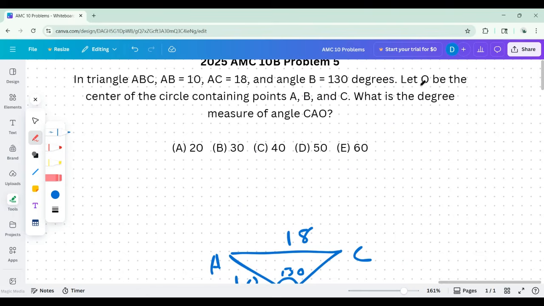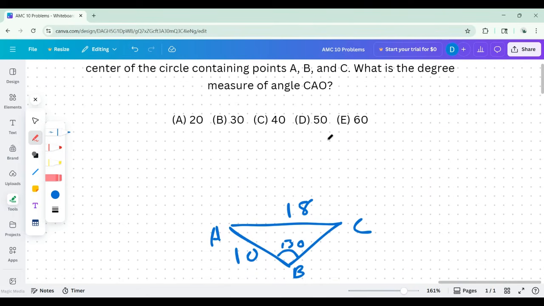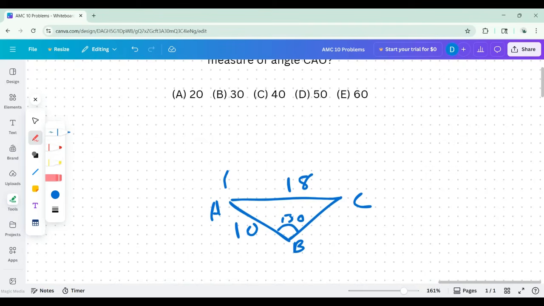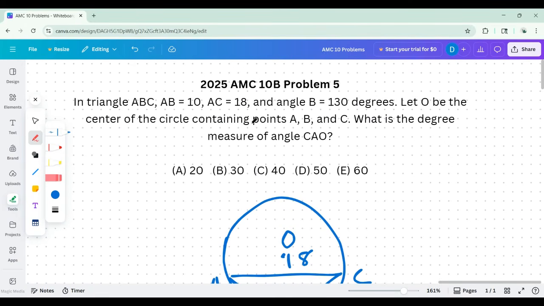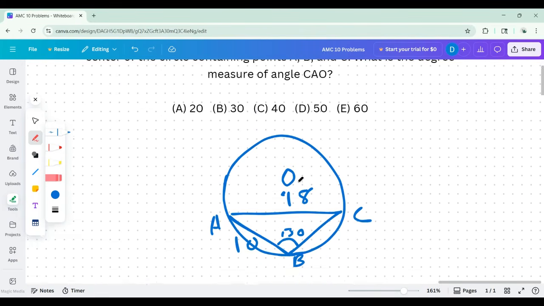And O is the center of the circle containing points A, B, and C. Since no angle of the triangle is 90 degrees, we know that the center of the circle is not on a diameter. So we're going to draw a pretty accurate diagram. I guess that works. We have center O right here. What is the degree measure of CAO?